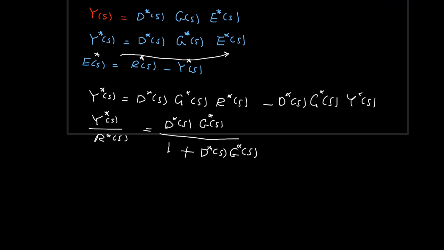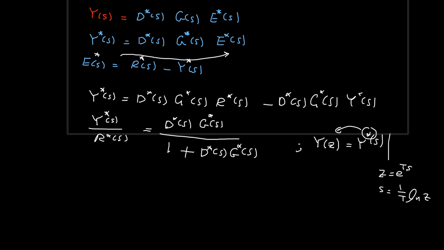So this means that if we need to find y of z from y star of s, we need to use the relation that z is equal to exponential of T s, or simply s is equal to 1 over T ln z, which means that if we have the star function, we have the function in terms of z.